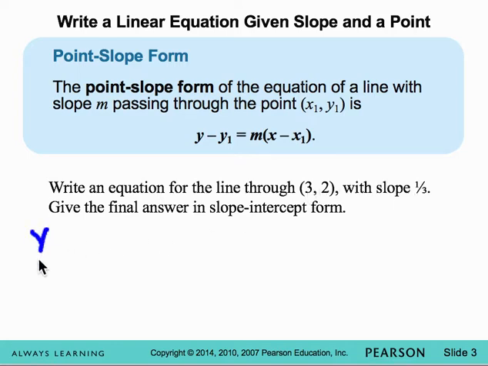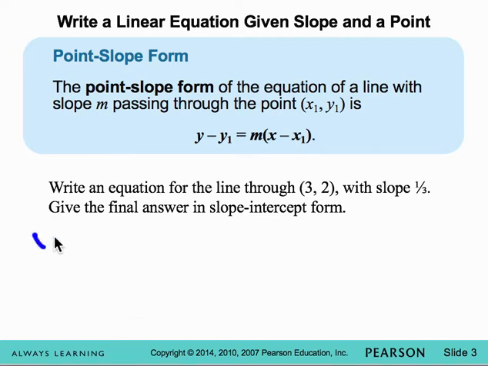So y minus the y part of the point, that's what that stands for, equals m. Oh, sorry, we know what m is, so I'm going to plug in the m. Let's try this again.